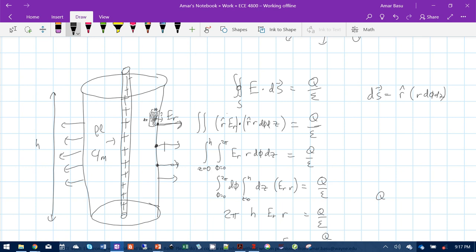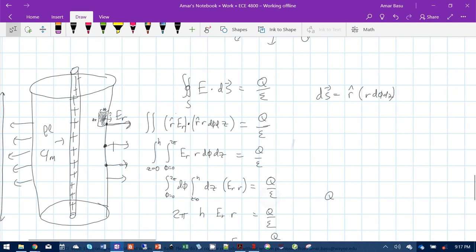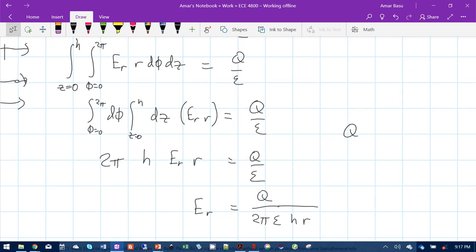So it's a charge density, and we want to find the total charge, because remember, this is saying Q over epsilon. Q is the total charge. Yeah, Q is equal to rho L times H. Right, this is given in coulombs per meter, and this is meters.